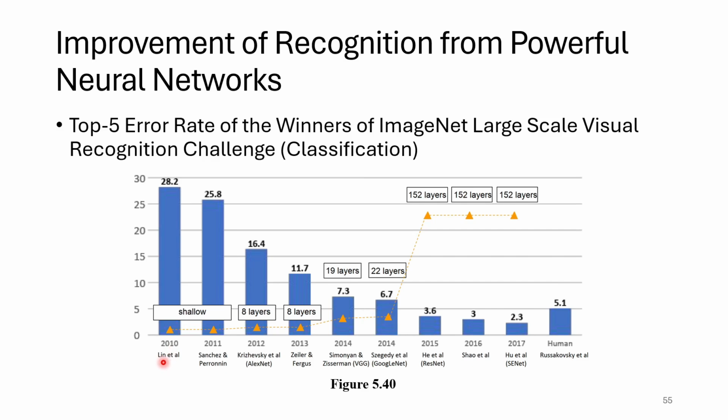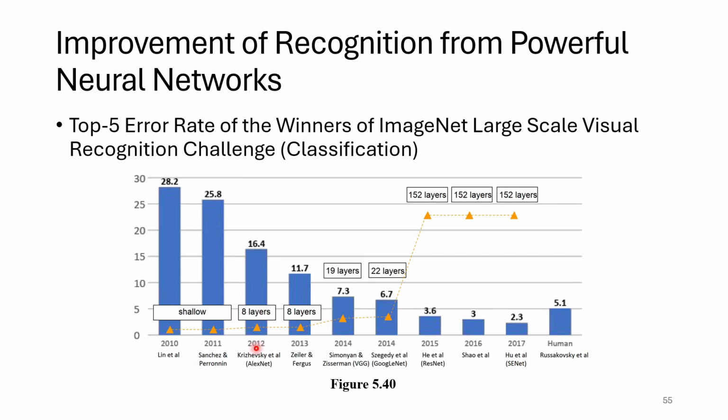In the first year of the challenge, they used the conventional method. It means extracting manual features and using some machine learning algorithm, say support vector machine, random forest, etc., to classify images, and the error rate is greater than 20%.